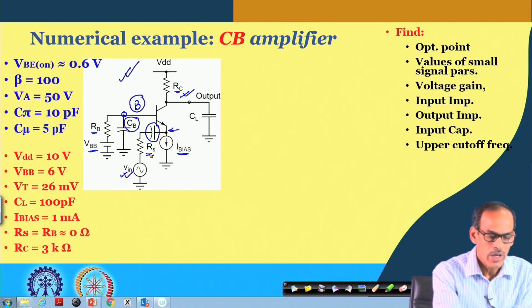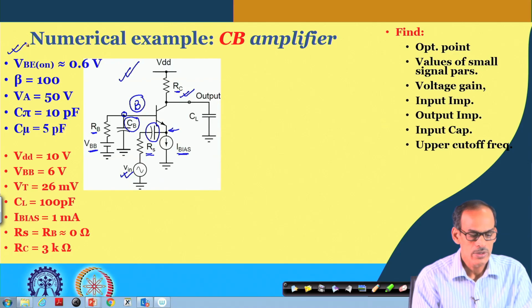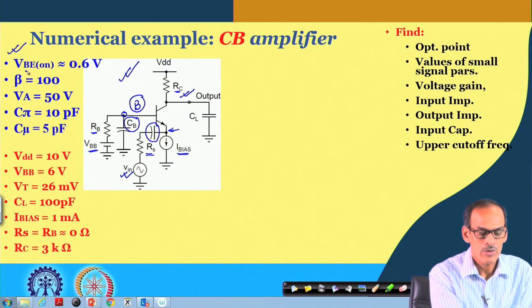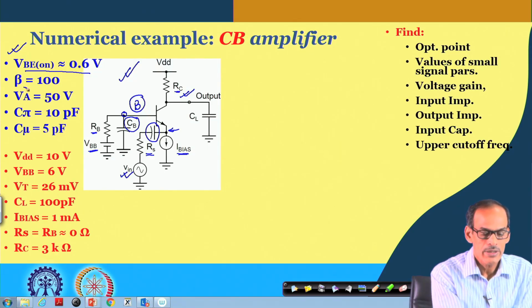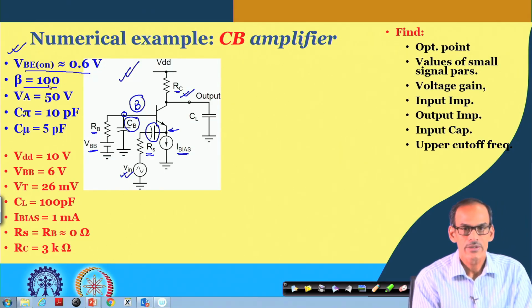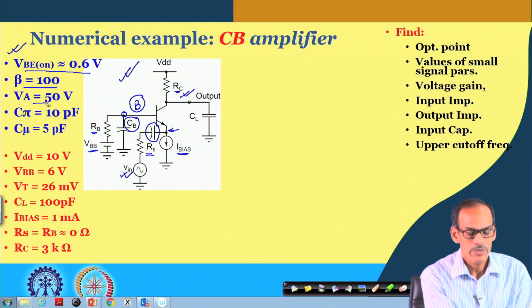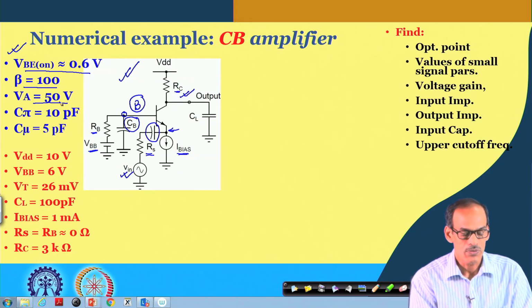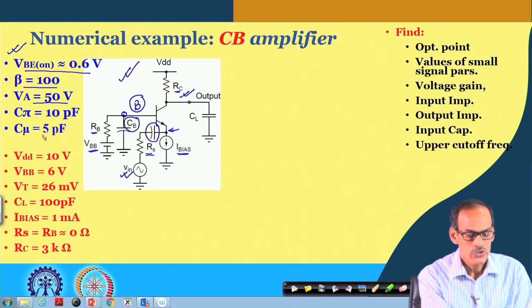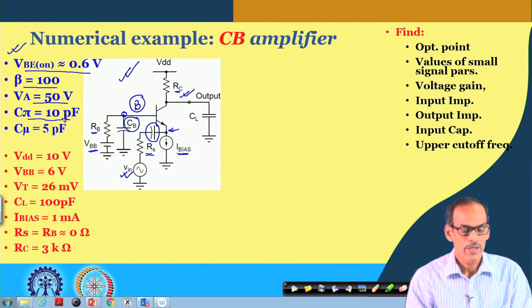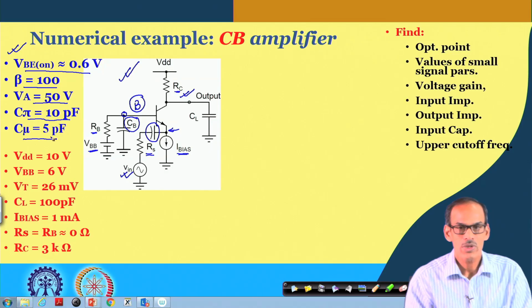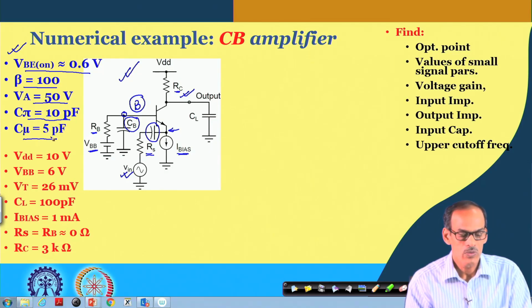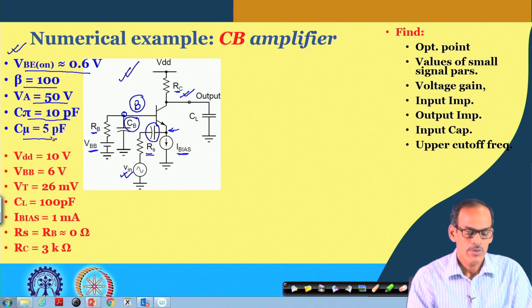Here we have different parameter values, namely V_BE(on) of the BJT is approximately 0.6, current gain beta of the transistor is 100, early voltage of the BJT is taken as 50 volt, and the base to emitter small signal capacitance C_pi is 10 picofarad, and the base to collector capacitor C_mu has a value of 5 picofarad.